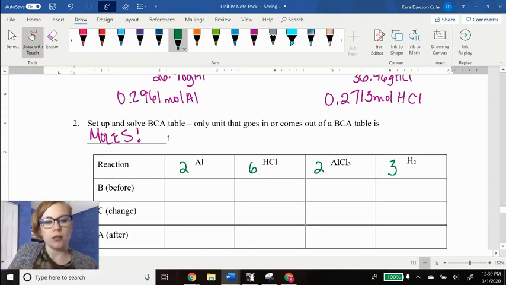I'm going to go back and forth between the table and my writing below the table. I'm going to start at B, go to C, and then go to A, and walk you through these steps.